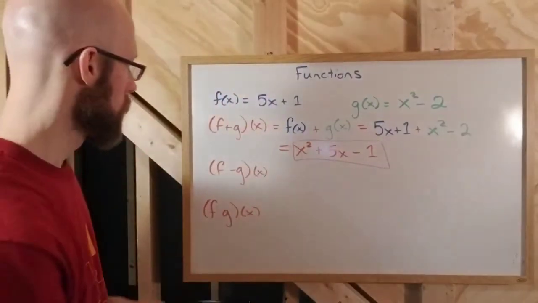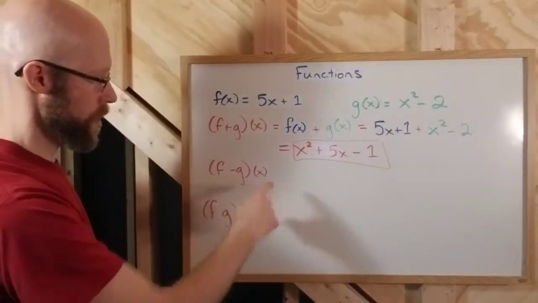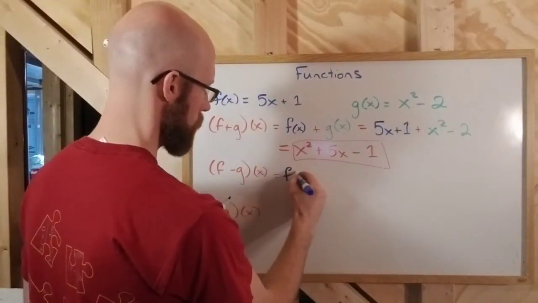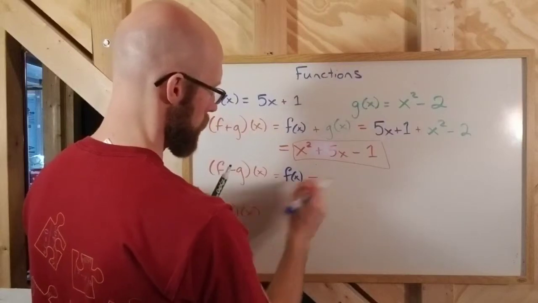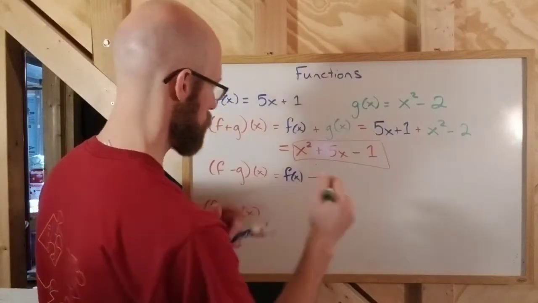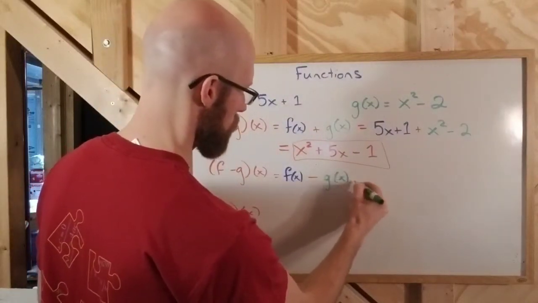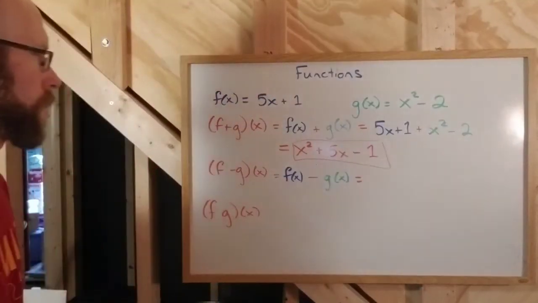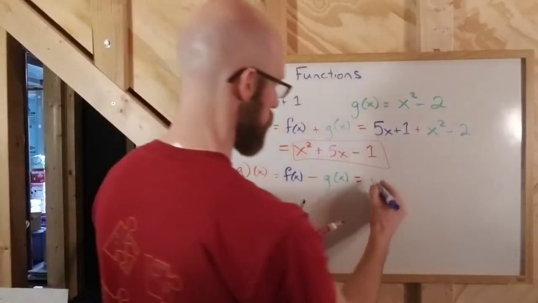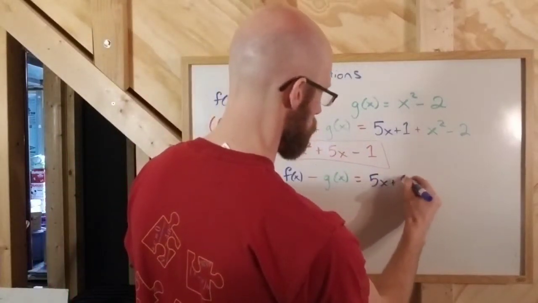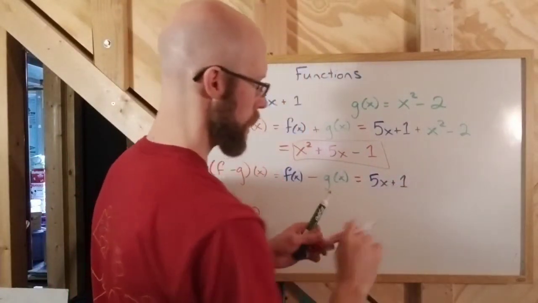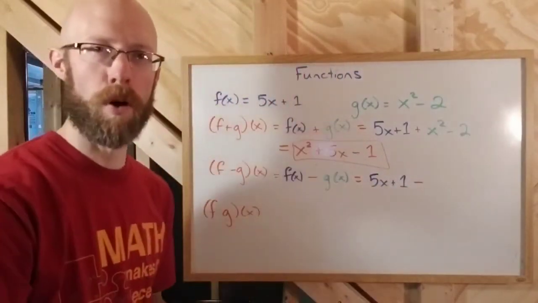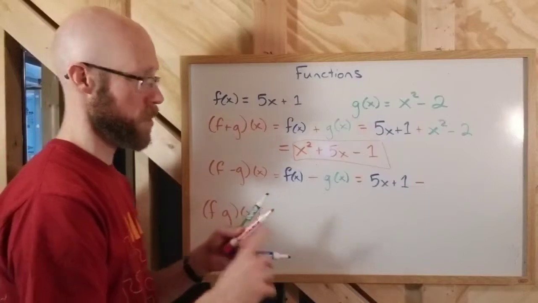Okay. Now I've got f minus g. Let's try that one out. So that, of course, is going to be f of x minus g of x. And when I put the first function in, I get 5x plus 1. Then I get a minus. Now this minus has to apply to both terms in the g of x function, the entire g of x.